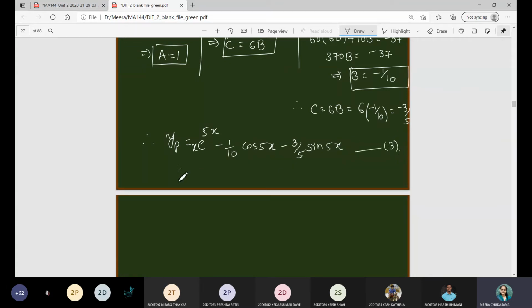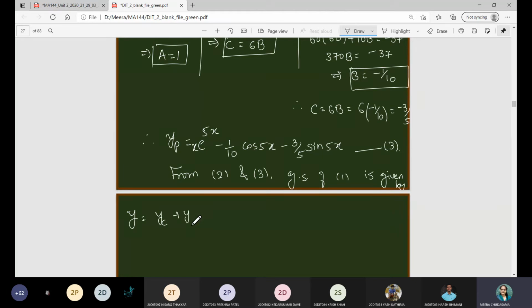Let me give this as 3. So from 2 and 3, the general solution of 1 is given by y is equal to yc plus yp, which is c1 e raised to 5x plus c2 e raised to minus 7x plus x e raised to 5x minus 1 upon 10 cos 5x minus 3 upon 5 sin 5x.